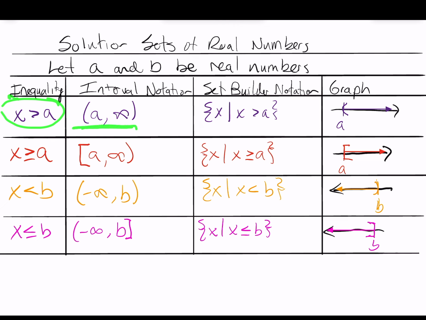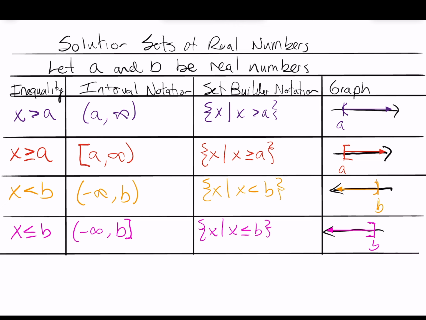In interval notation, the left-hand endpoint is a, and it goes on toward infinity. Notice that we have parentheses around this because we have a strictly greater than. In a new notation, set builder notation, we use curly braces here and here to put the set inside, and this is the set of all x's such that x is greater than a. We just repeat this inequality inside the set builder notation.